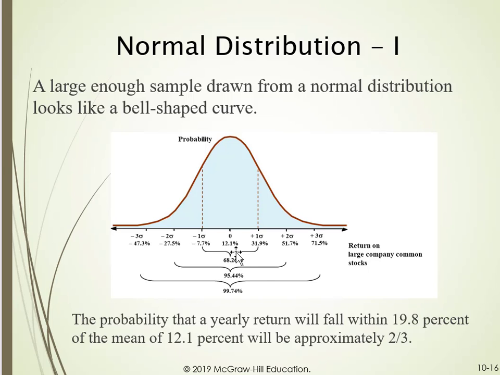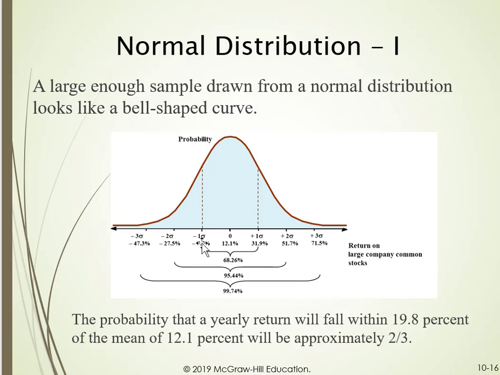So how does that work? Well, here's 68%. The area underneath this curve represents the probability that the return is between these two points.